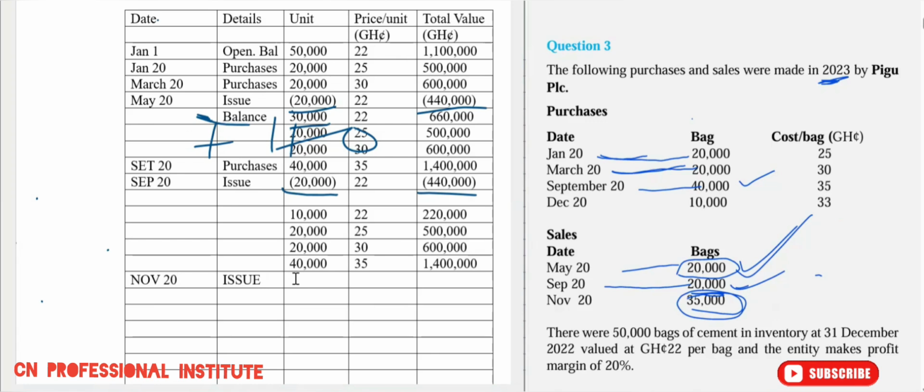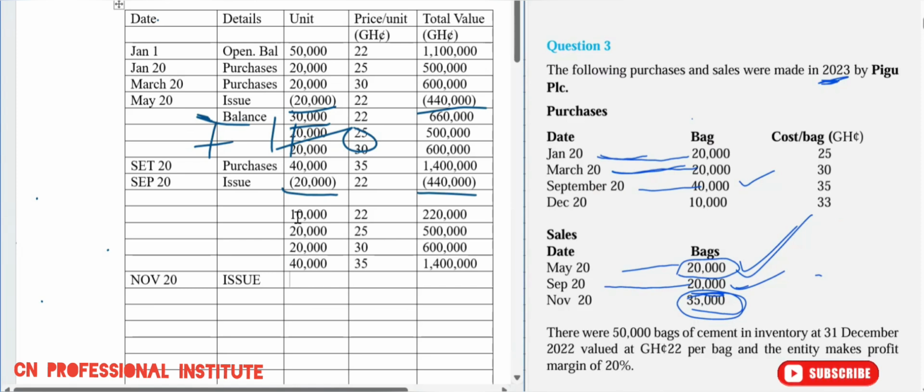November 20th. So the 35,000 that we are selling, we have to sell this 10,000 first. Then we come and sell this 20,000, making 30,000. Then the 5,000 will come and sell it from this 20,000.